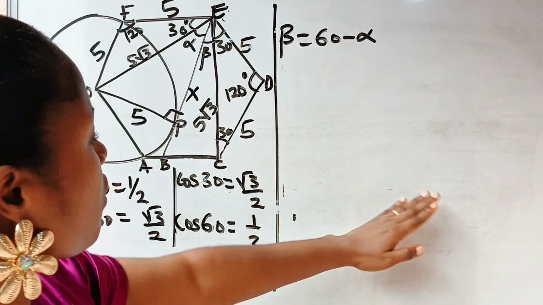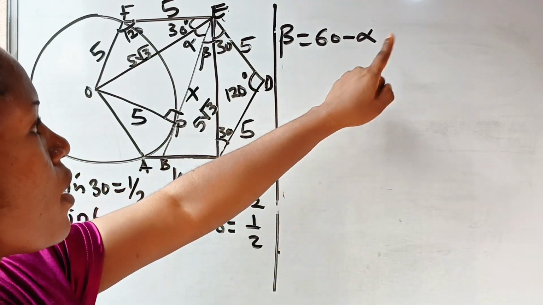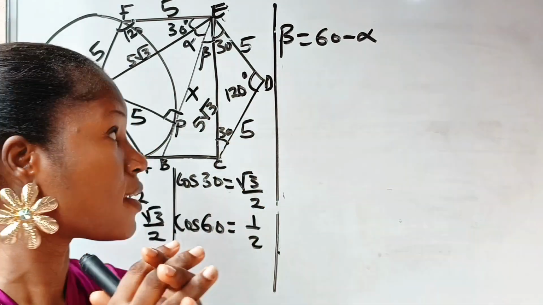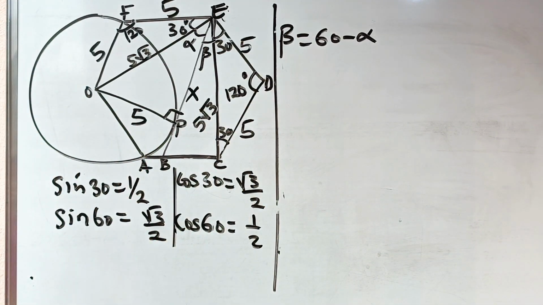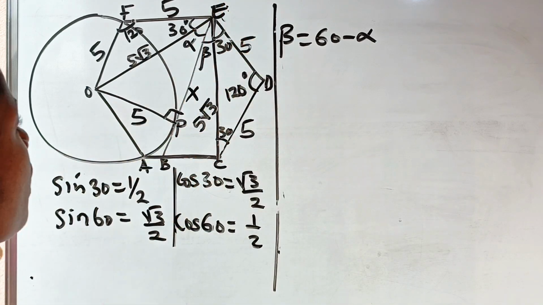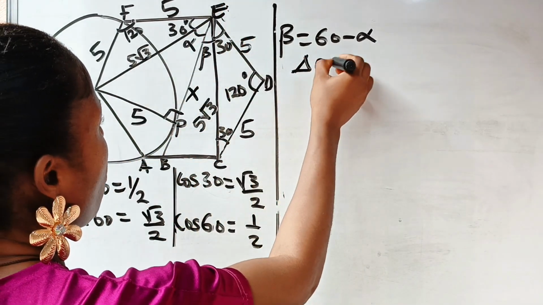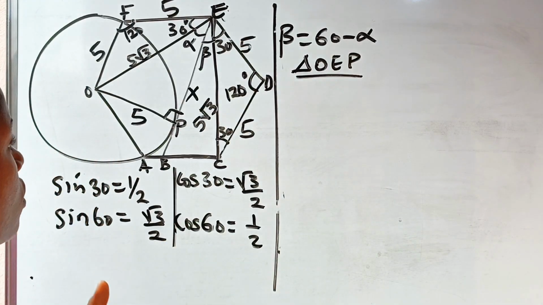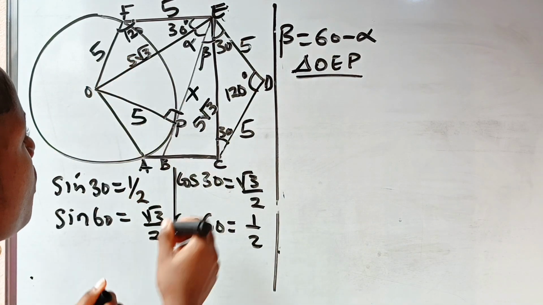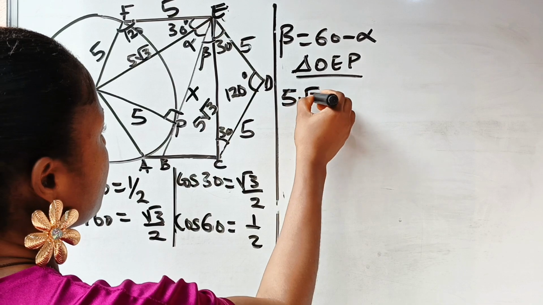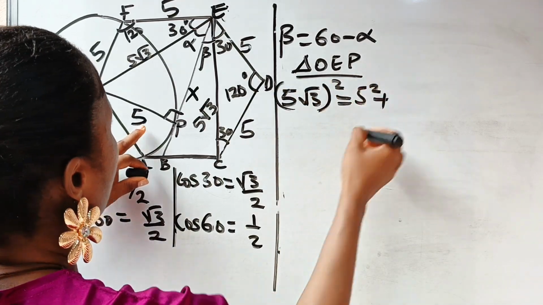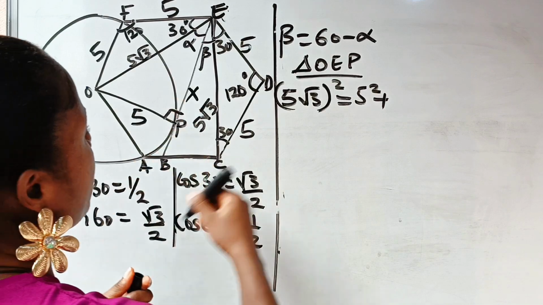Okay, so this is what we have, that beta is 60 minus alpha. Now, this is where the whole thing starts. Let us consider triangle OEP. For triangle OEP, using the Pythagorean theorem, 5 root 3 squared should be equal to 5 squared plus EP squared.